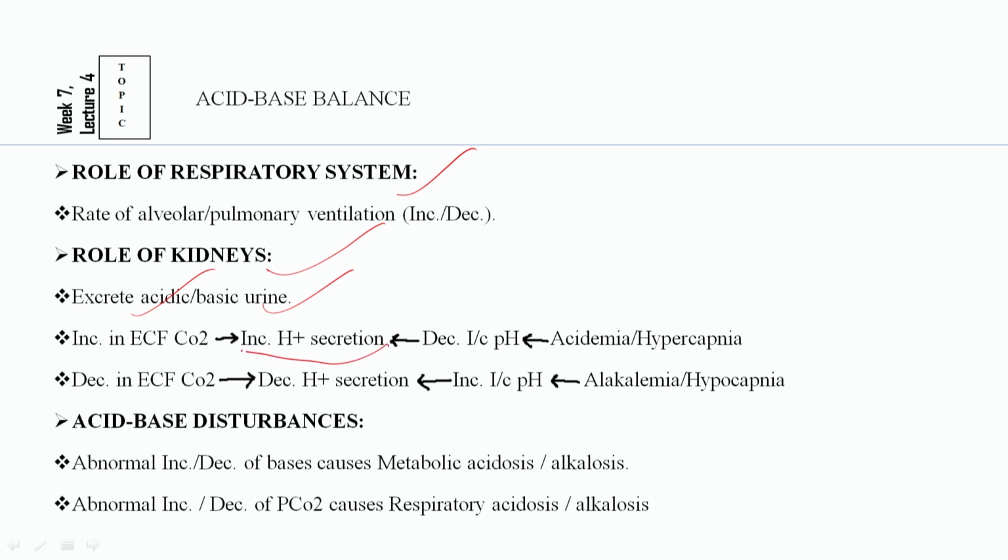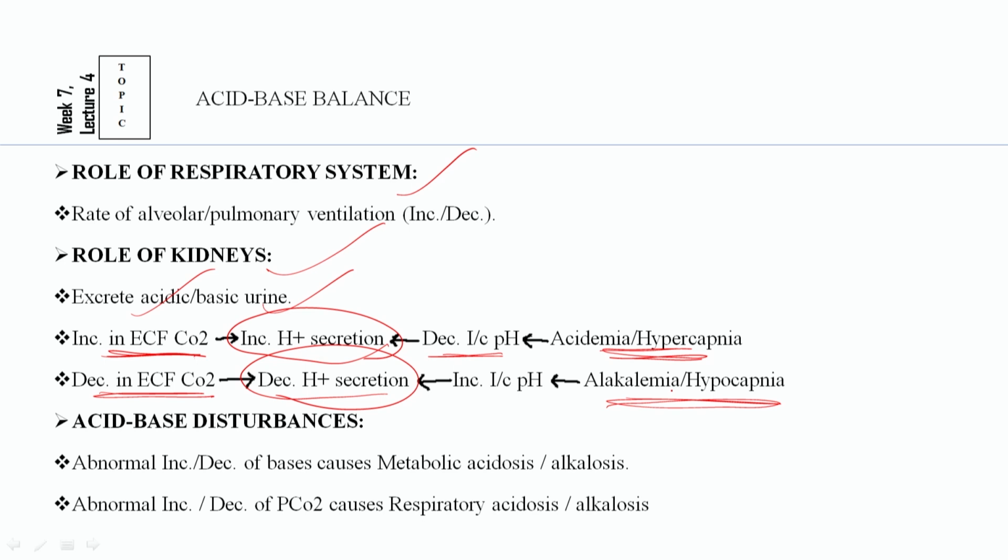So how does this increased H plus secretion take place? Whenever there is an increased ECF carbon dioxide concentration, or when there is an acidemia or hypercapnia, that is due to the decreased intracellular pH, right? Then there will be a decreased H plus secretion when there is a decrease in ECF carbon dioxide concentration, or when there is an alkalemia or hypocapnia.